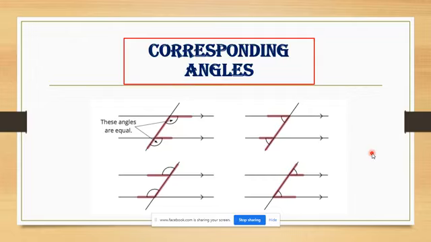So, remember the properties of parallel lines and angles made by a transversal. If the lines are parallel, corresponding angles are congruent. And how many pairs? 4 pairs totally.